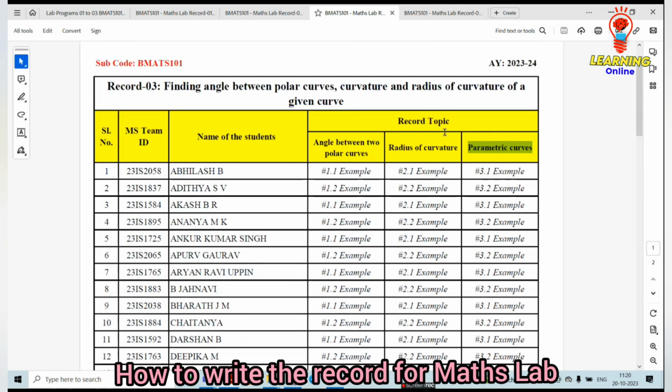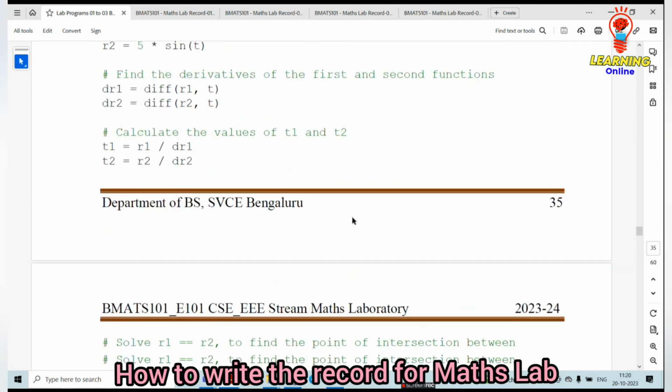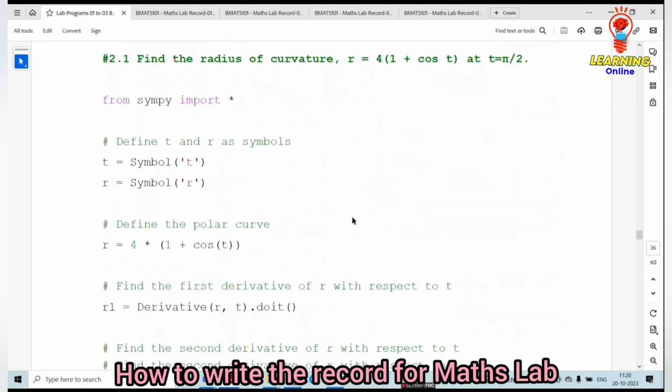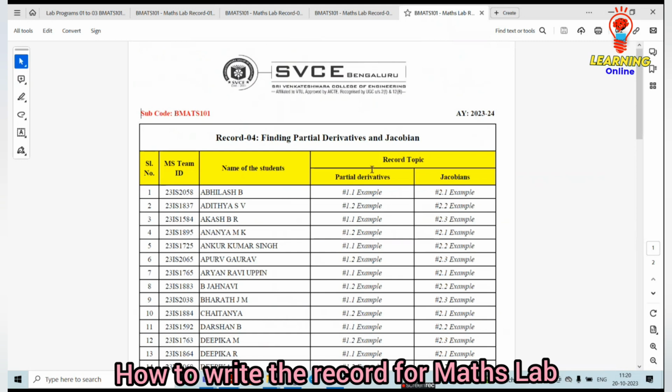Don't write all the code in your manual itself, because you have already written all those codes in the observation, and you got the execution and the output. That is more than enough. No need to write the MATLAB examples itself, not required. Only the Python you can write.